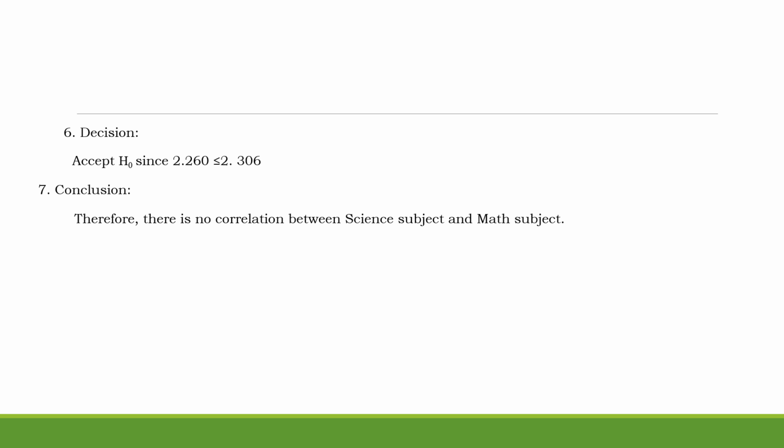Now, we see in our computation that our T value is 2.260. So in our decision, we will accept our H0 since 2.260 is less than 2.306.